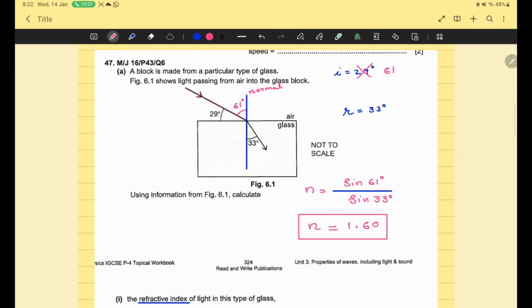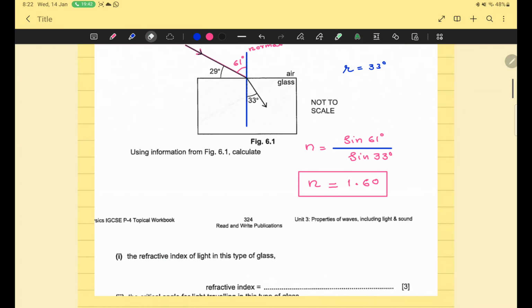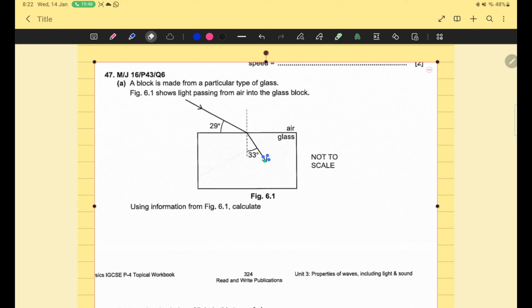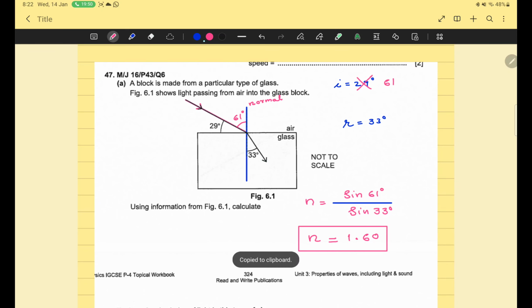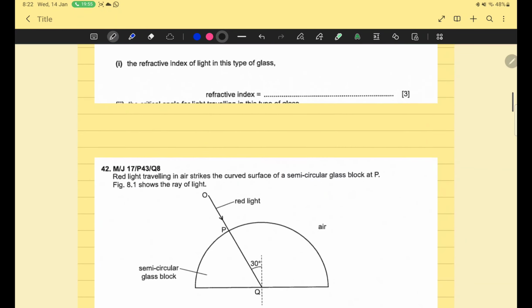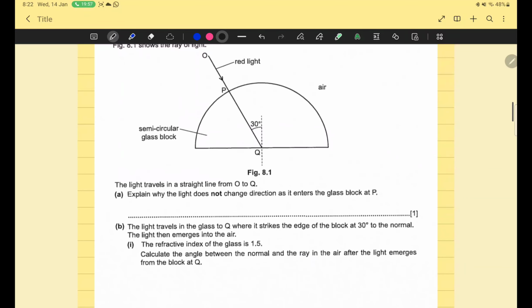If I teach you at a slow pace, then obviously I cannot complete your course. So I will move fast, but you should watch the video and focus on understanding. Do not write. I will share this work just after my class. Now this question is completed, and now this is another question.